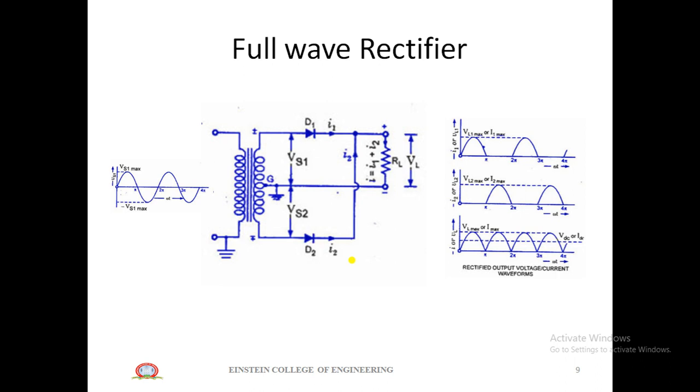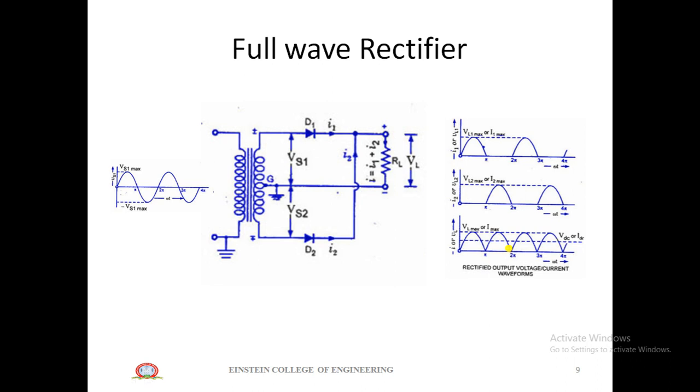And next is the full wave rectifier. If you understand the concept of the half wave rectifier, then the full wave rectifier is also easy to understand. The full wave rectifier rectifies both half cycles of the input supply voltage. Both the positive and negative half cycles are rectified and we get a unidirectional output.